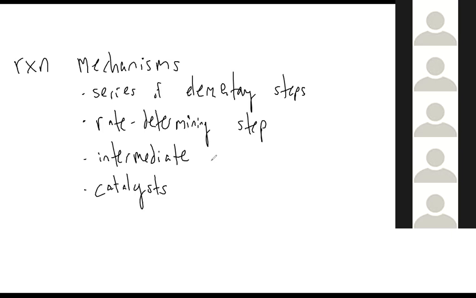Okay, so yes, that's very true. But in terms of these series of steps, if we break a reaction down into different steps, the catalyst shows up in what way? For example, Mr. Hare just told us that an intermediate is something that gets produced in one step, but then consumed in another step.